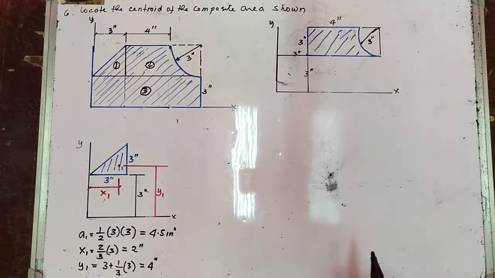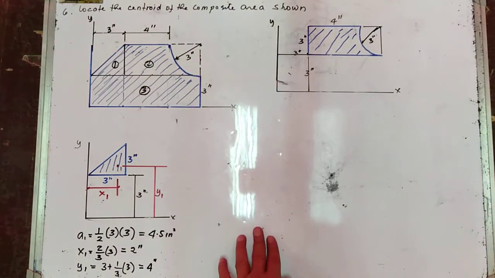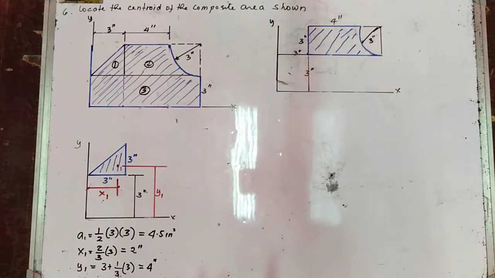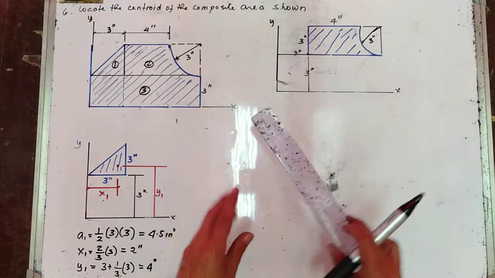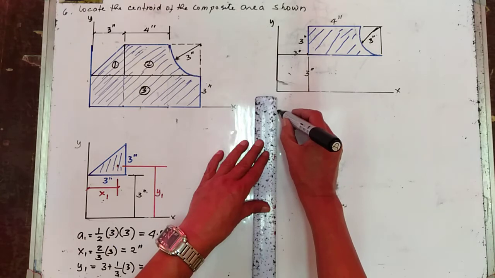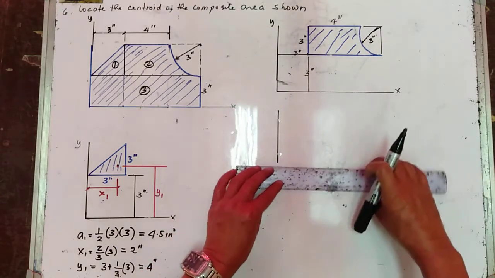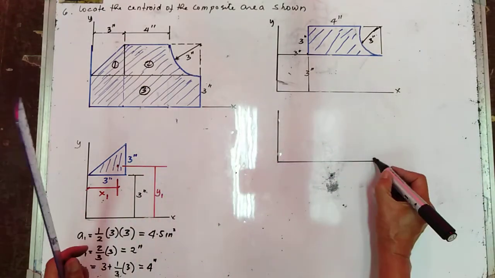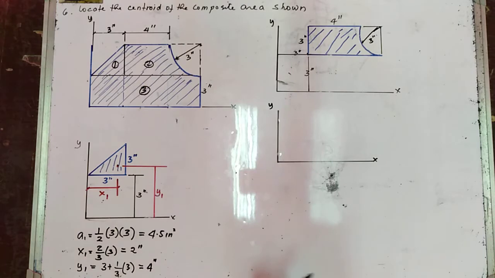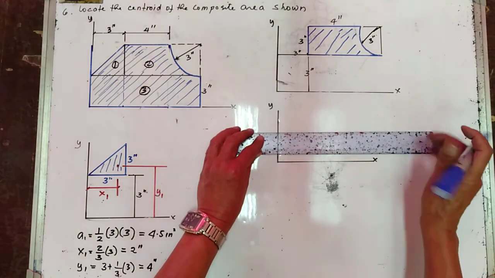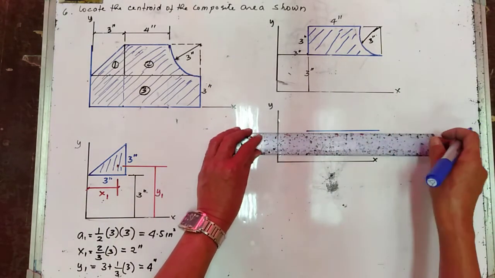Now, in this area, I am going to get the whole area of this, which is a rectangular area. So if I am going to consider the whole area, this is now your y, and this is now the x-axis. So this is the whole area.